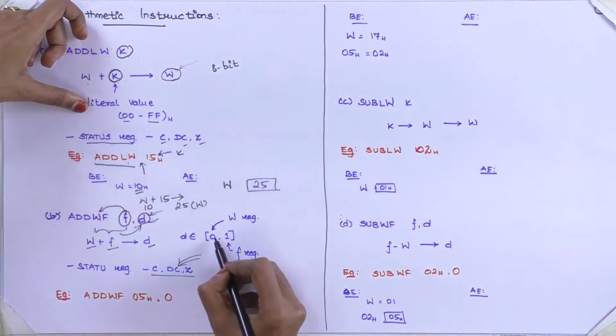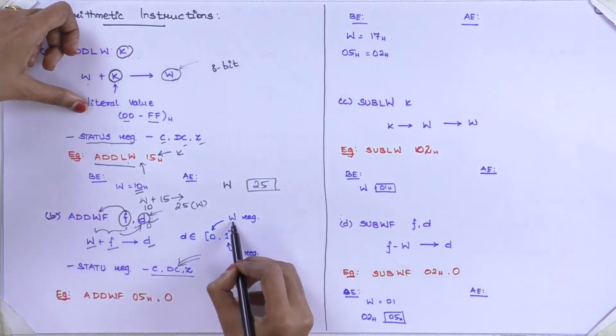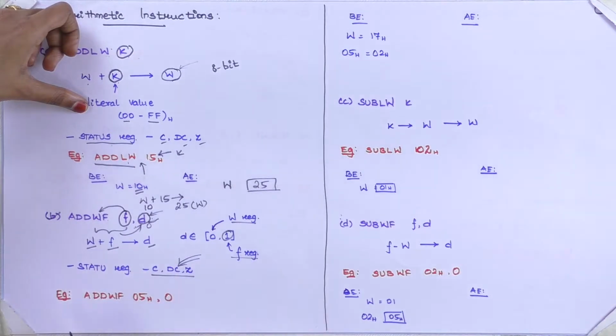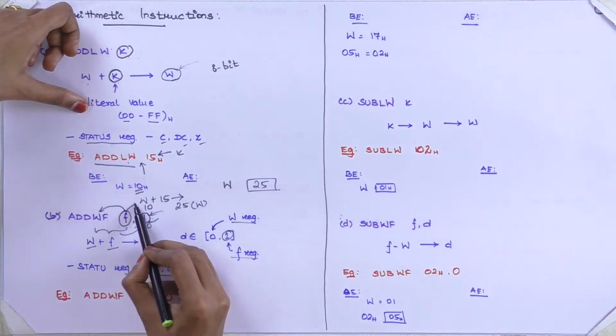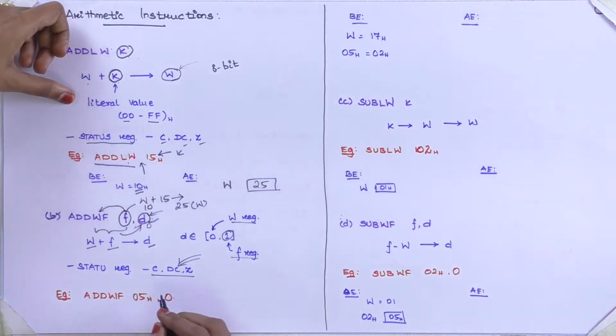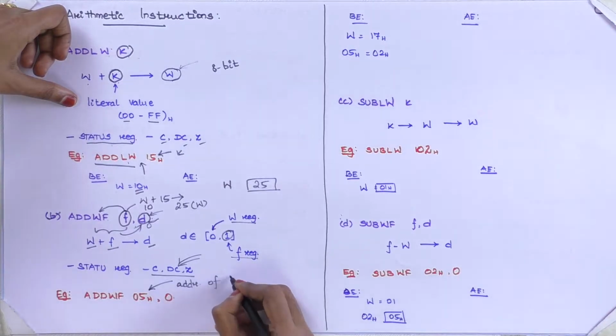So if you mention 0 in this part, you are storing the result in the working register; 1 means you are storing the result in the F register, that is the file register mentioned in the instruction. Here I have taken an example, ADDWF 05 comma 0. This 05 is nothing but the address of a file register.